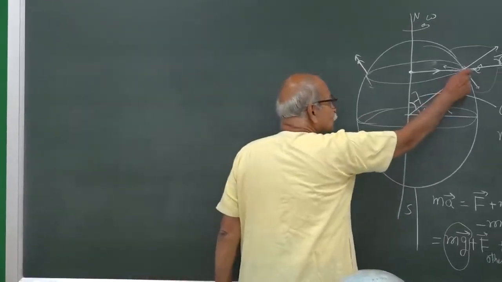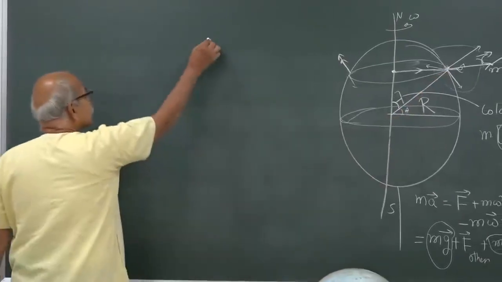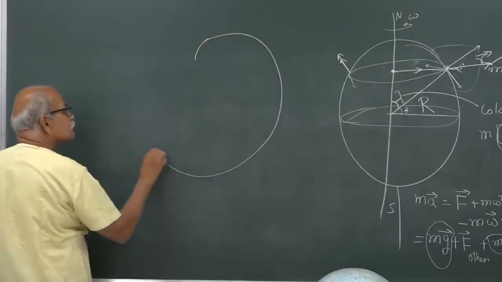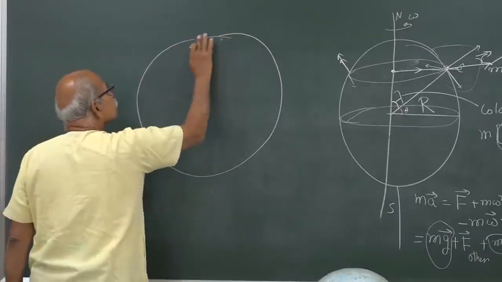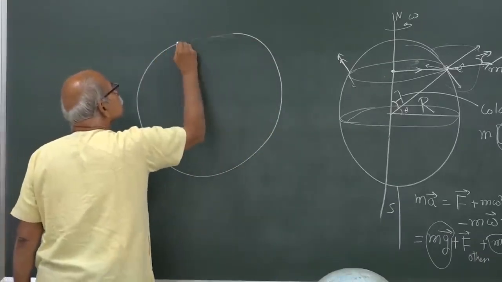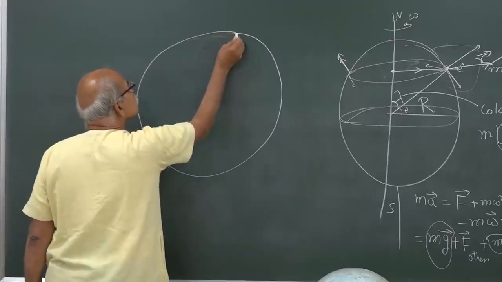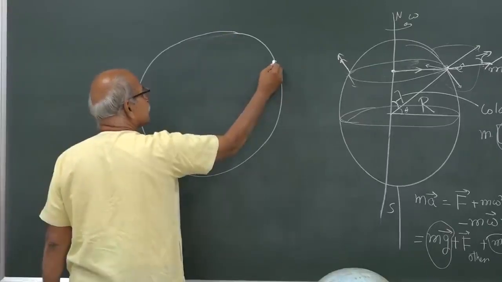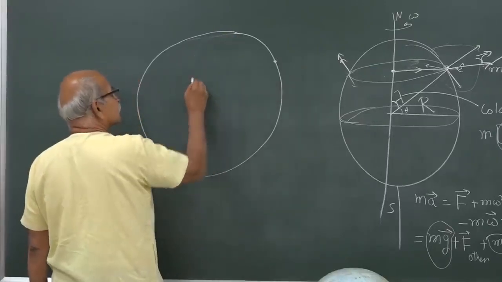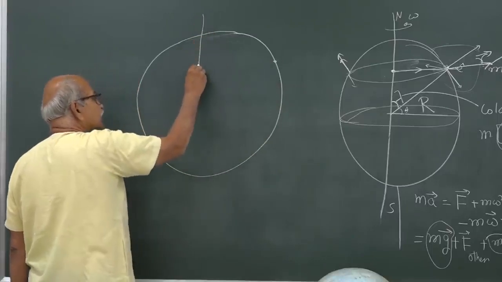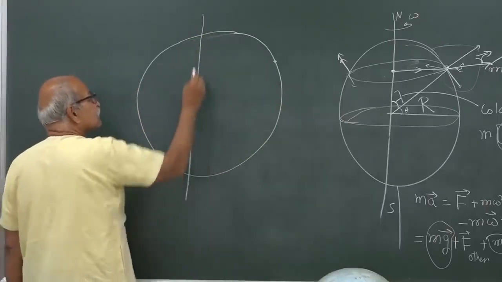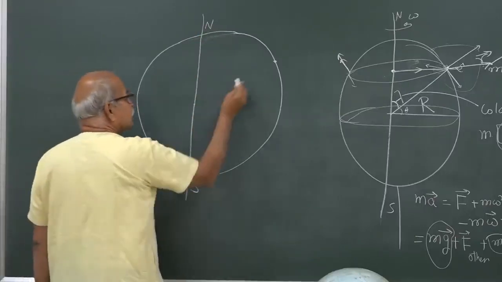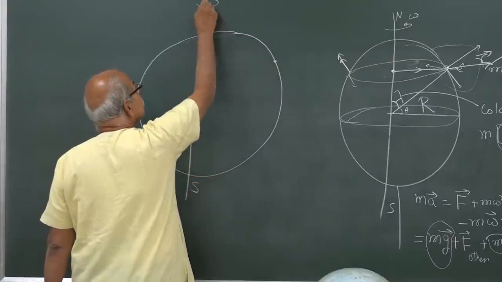Your g is towards the center. So, let me draw another circle, because that is too clumsy. Okay, and suppose I am here, this is the center of the earth, this is that rotation axis N and S, and then this point is going, this earth is going this way.